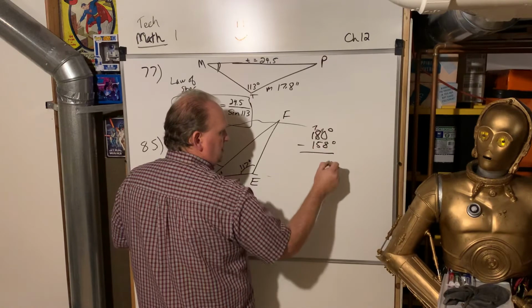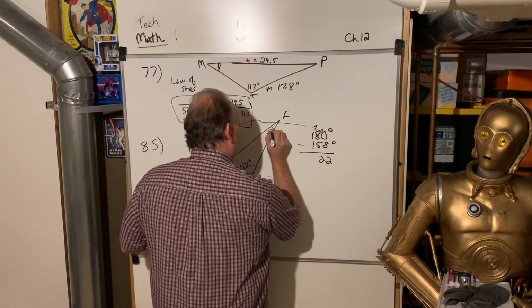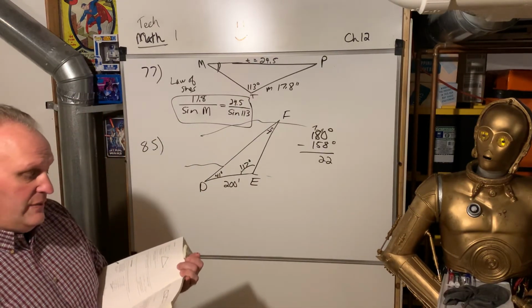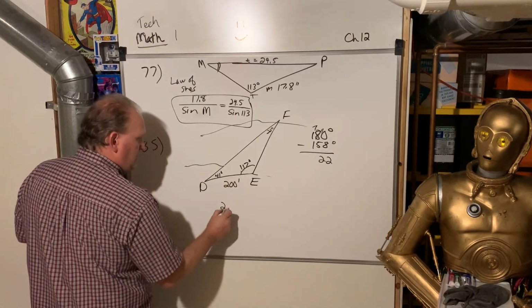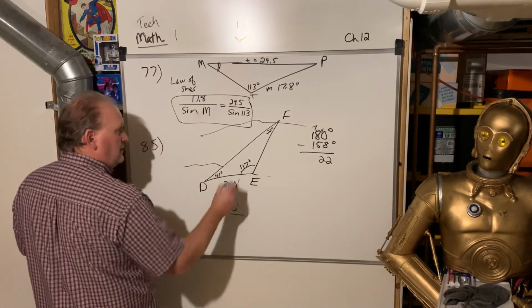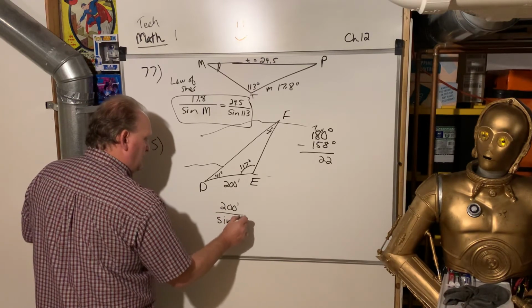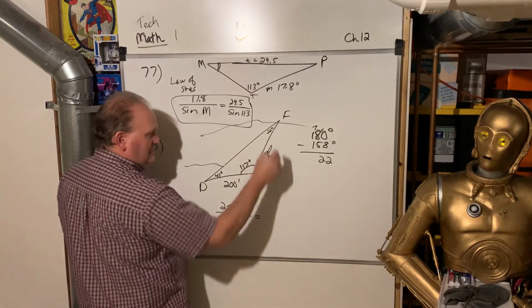So 22 degrees. Okay, so now we know that's 22 degrees, so we can set it up and say, okay, 200 feet over the sine of 22 degrees is equal to, we'll call this side D.